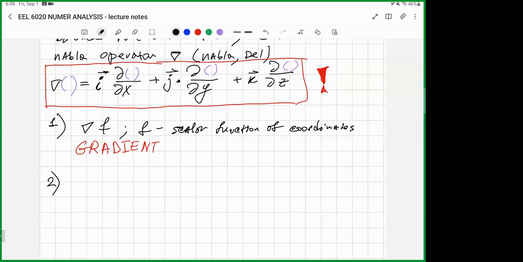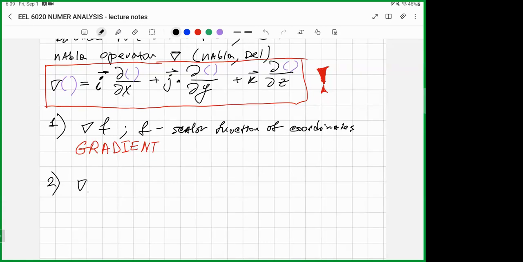So the result is also a vector. So it's a vector operator, and I can apply a vector operator on another vector, either as an inner product or dot product, or cross product, as we discussed last week.